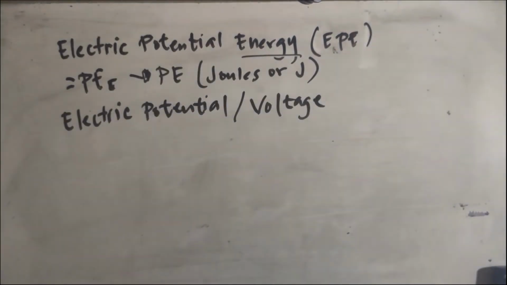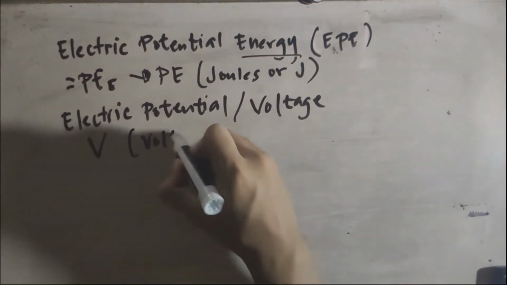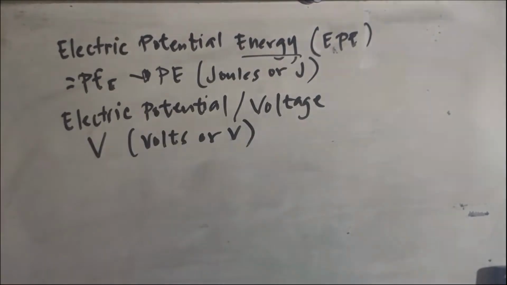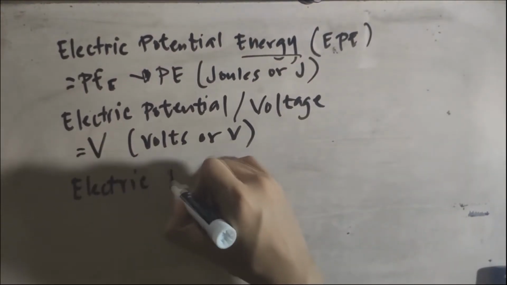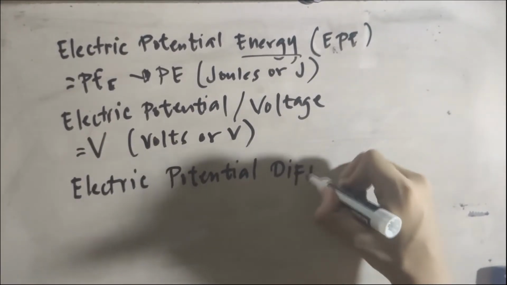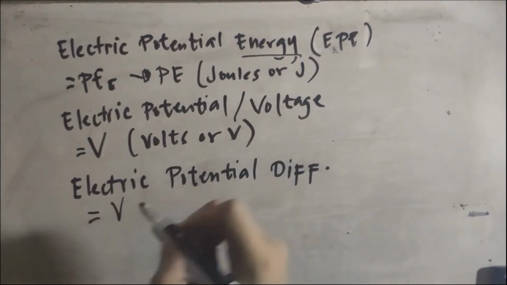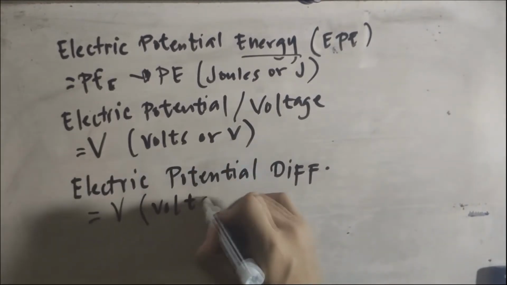Since that's voltage, our variable for that is V, and our unit is volts or V. So for electric potential difference, that's also the same as this one, so that's in volts or V.